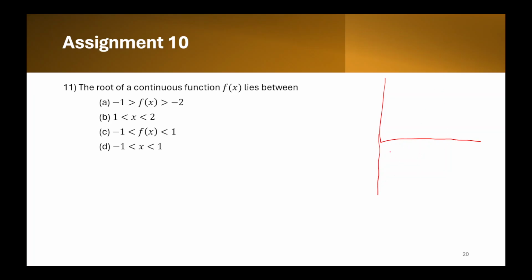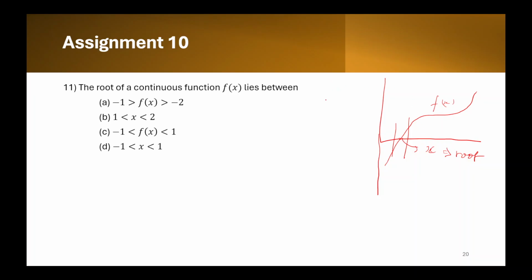If we assume the function has a root, so suppose this is some function. This is the root of that function. This is f(x), and this x is the root. So basically the f(x) should lie between minus 1 and 1.